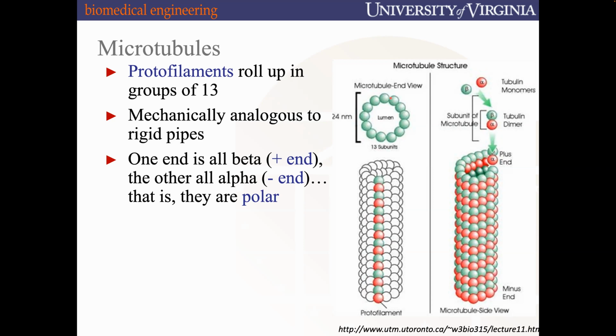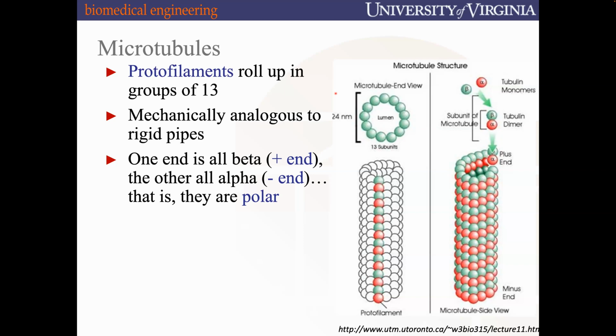This is going to introduce some directionality to these filaments that allows the transport of things towards one end or another. So if you can imagine, you have some protein that you want to get out of the cell, you need to be able to know what direction to travel in on this cytoskeleton network to get you closer to the outside of the cell. So this directionality is important for transport within the cell. We can think of these as the plus end and the minus end.